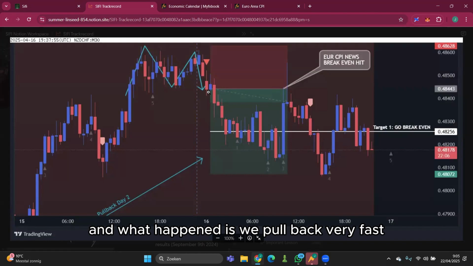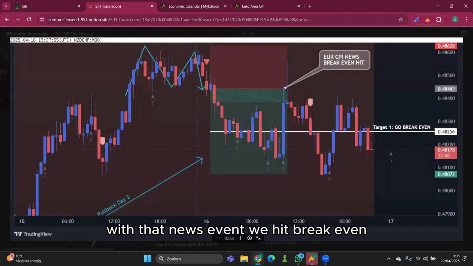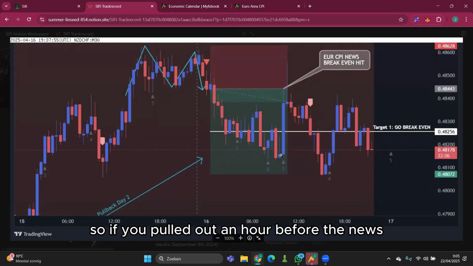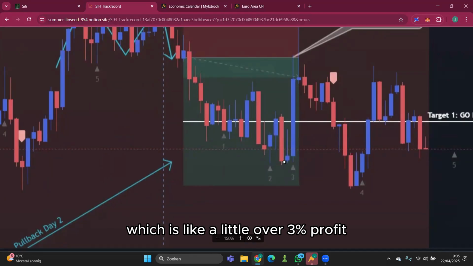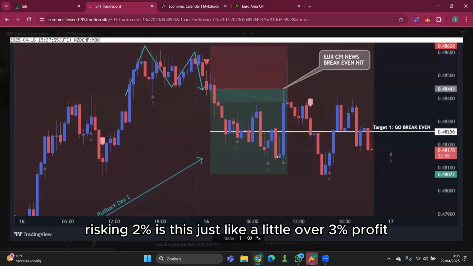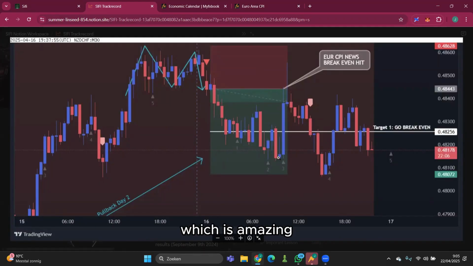And what happened is we pulled back very fast with that news event. We hit break even, and then we lowered down to take profit. So if you pulled out an hour before the news, around right here, that's a little over 3% profit, risking 2%, which is amazing.